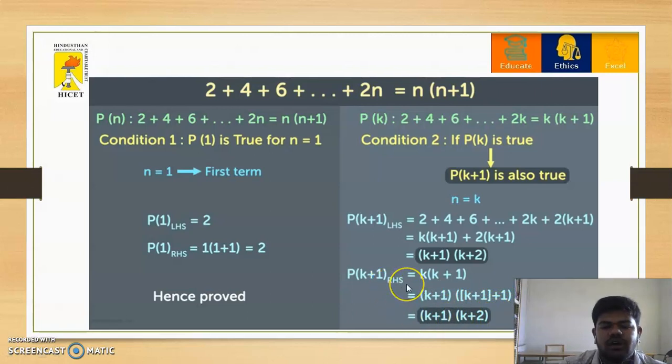So the right hand side of the statement for k plus 1 is k plus 1 into k plus 2. Therefore the left hand side and right hand side are equal. Therefore the statement is true for all natural numbers. The inductive proof is now completed.